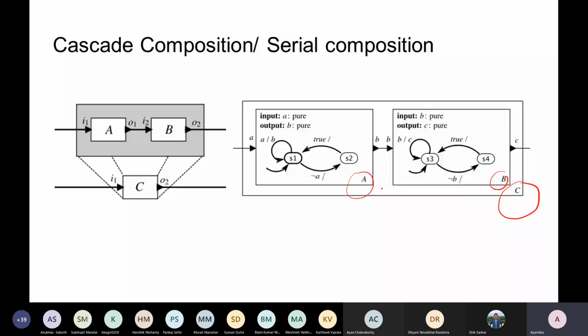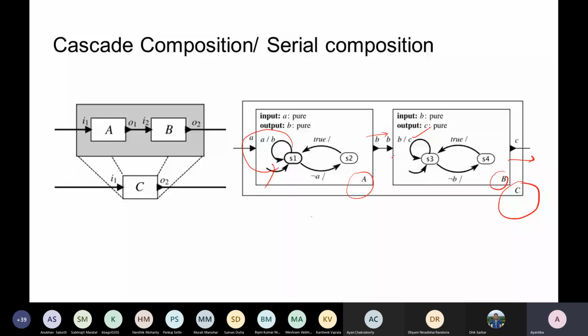A and B are connected in a cascaded, serial manner, where the output of A, in this transition S1 is handling a self loop, and thereby with some input A, the B variable is getting set, or the B signal is getting set high, and that B signal is working as an input to the next FSM B. That B is a transition condition here, and it is setting the output C, and C is your output. So this is the concept of cascade composition.